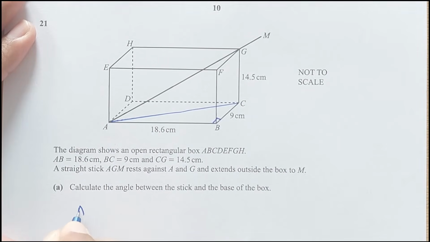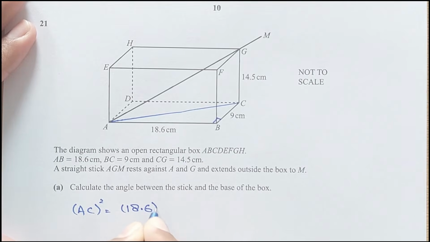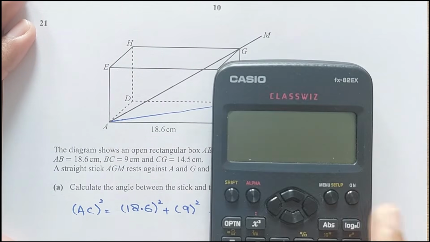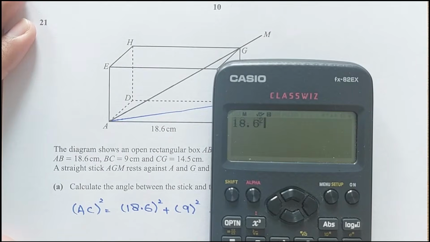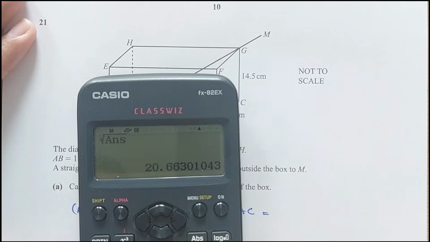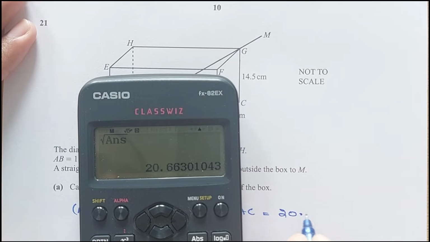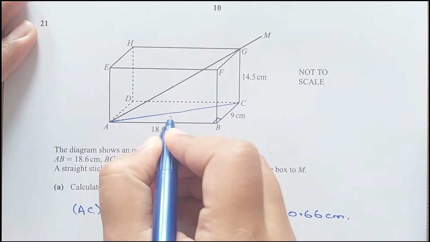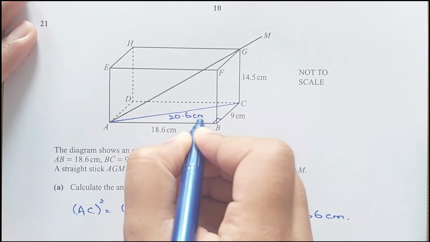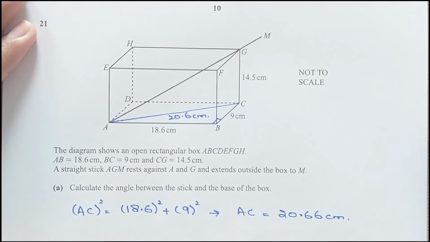AC squared equals 18.6 squared plus 9 squared, and to get AC we take the square root of the answer, which is 20.66 centimeters. So this is 20.6 centimeters or 20.7.